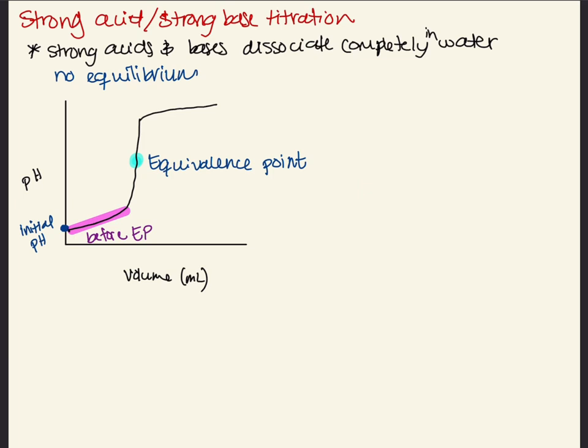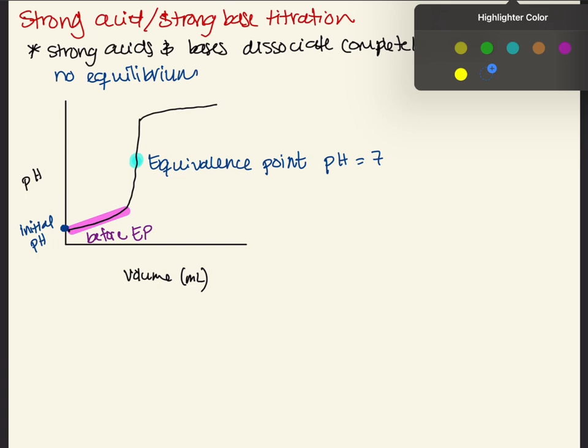For a strong acid and strong base, the equivalence point is going to have a pH of 7 because the salt that is left over is from a strong acid and a strong base, and it's going to be a neutral salt. And then after that, you're going to get an area on the curve where we are beyond the equivalence point.